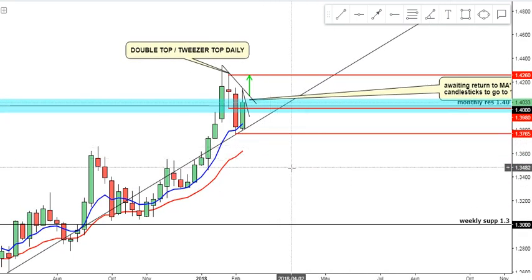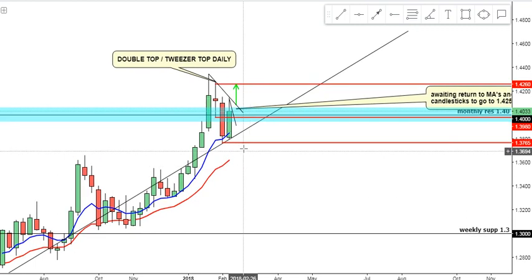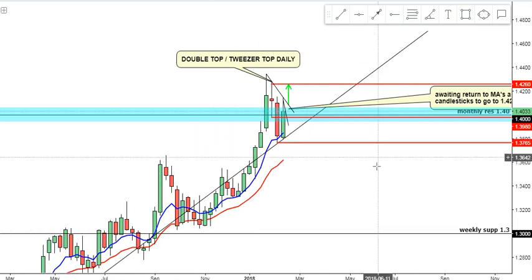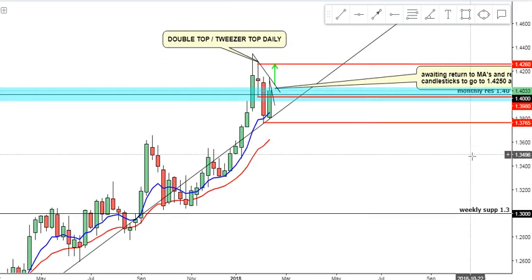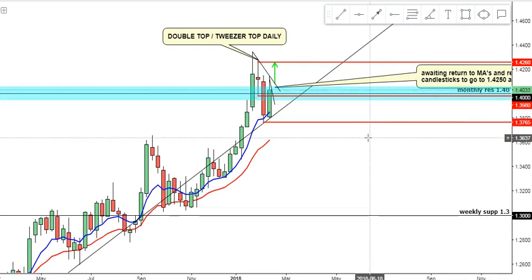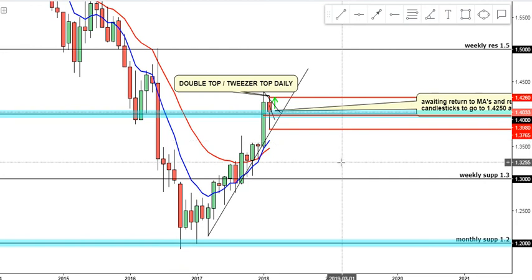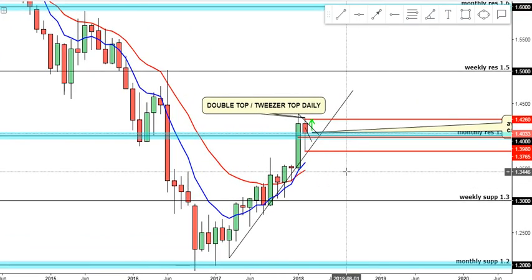If we go down to the weekly, you can see that the candlesticks went down, tested the moving averages, the 8 EMA, and then did not close below, which means we still have potential of going up. But let's remind ourselves that we're at a monthly resistance, and with monthly resistances you have to be careful because they can give reversals.